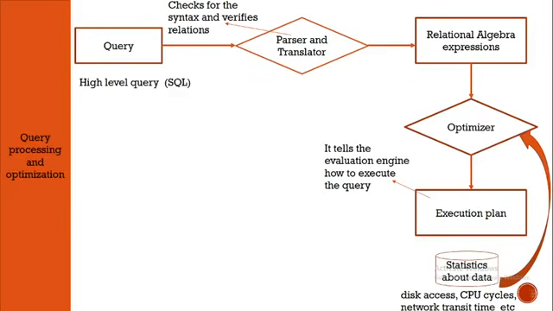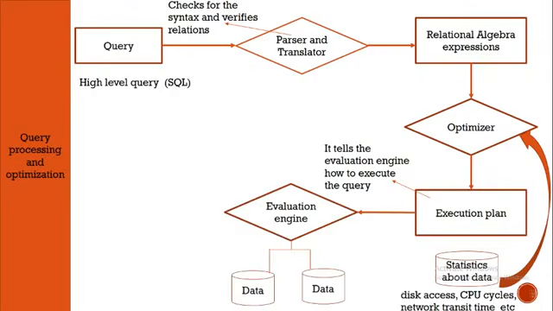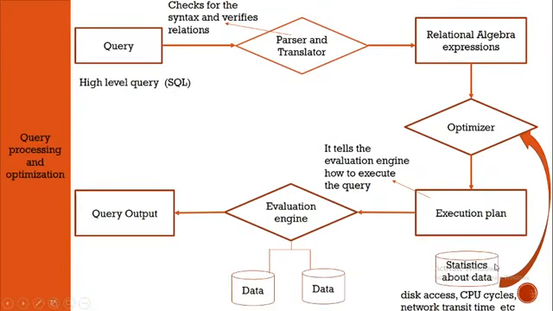The query execution plan tells the evaluation engine how to execute the query step by step. So after taking that plan from the execution plan module, the evaluation engine takes the data from the database and generates the results.